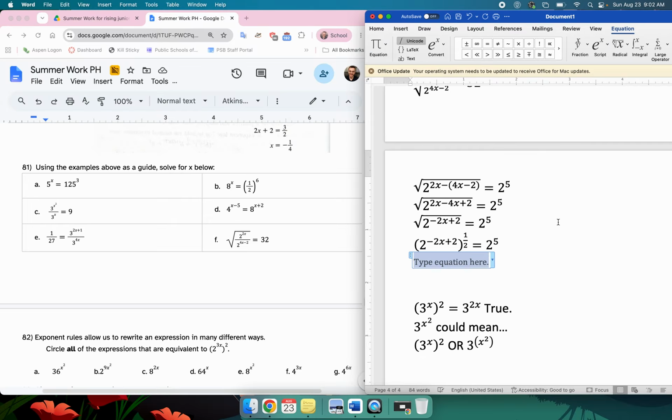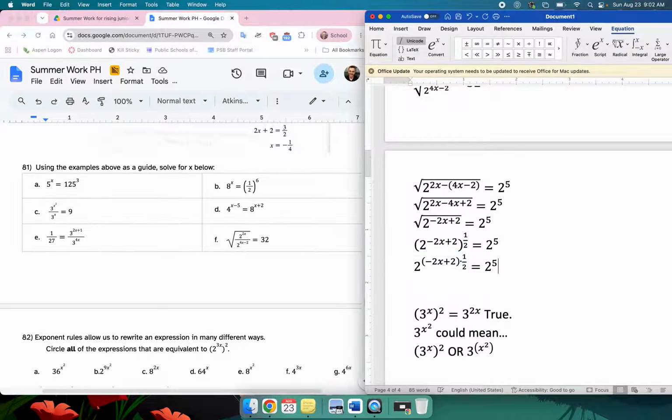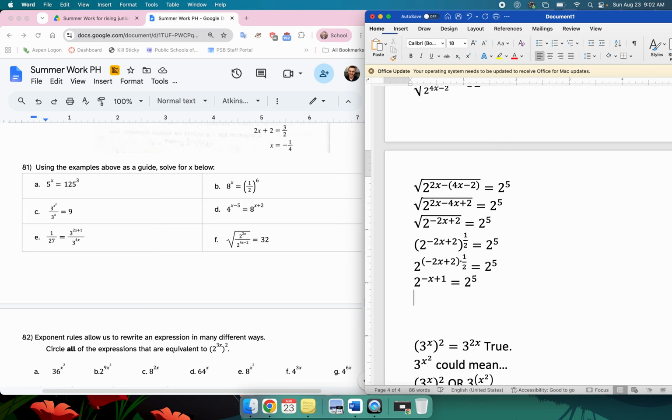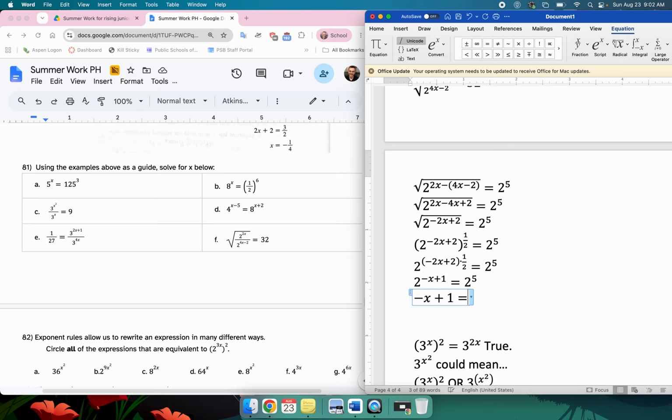And then you have a power of a power, so if you distribute the 1/2, you get negative 2x plus 2 times 1/2 equals 2 to the 5th. So that's 2 to the power of negative x plus 1 equals 2 to the 5th. So therefore, negative x plus 1 equals 5. So negative x is equal to 4. So x is equal to negative 4.